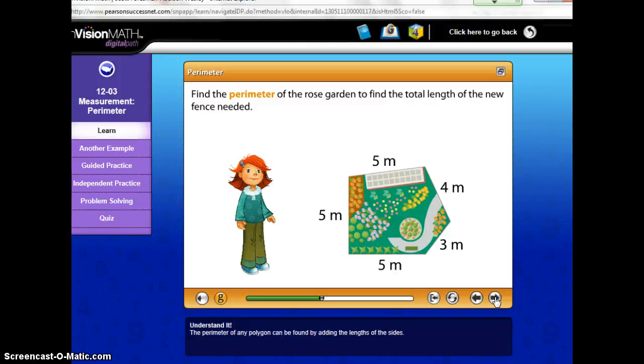Plus 4 more, plus 3 more, or I could put them together, 15 plus 7. That's up to you. Your answer would be? 22 what? Meters. Don't forget the unit, 22 meters. So we could add them all up individually by number, or we could chunk those numbers together.